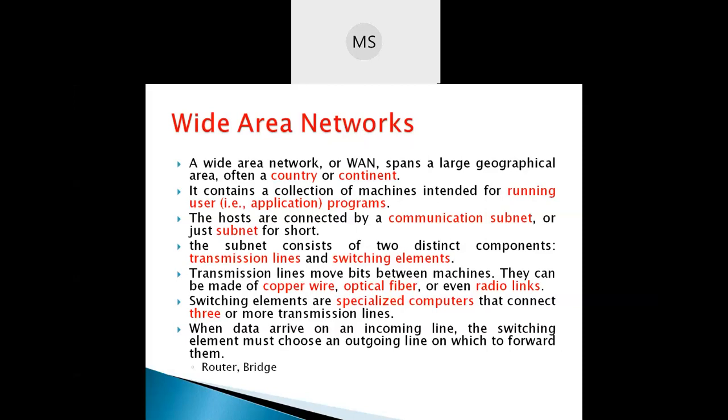The subnet consists of two distinct components: transmission lines and switching elements. Transmission lines may be copper wires, fiber optic cables or radio links, and switching elements may be routers or bridges, etc. When data arrives on an incoming line, the switching device may choose the outgoing line through which the data is transferred.